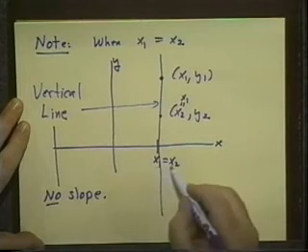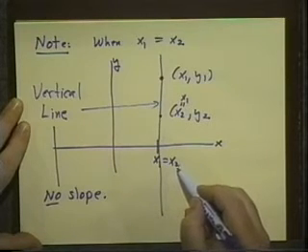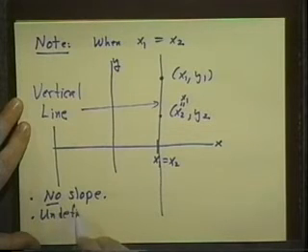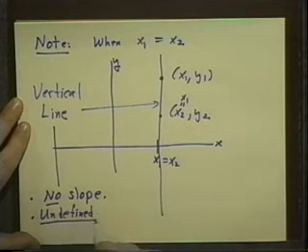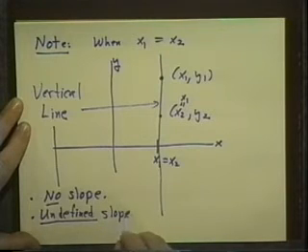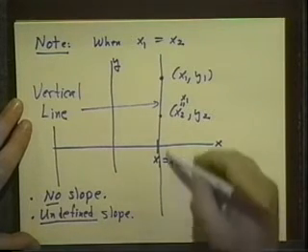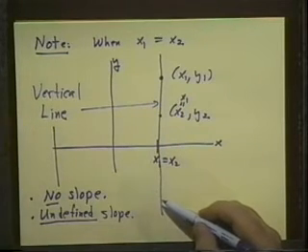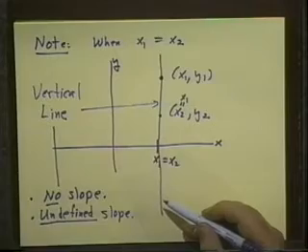Because the slope requires that we have this difference on the bottom, and that's 0. Another way to say that is to say that it has an undefined slope, or rather that the slope is undefined. So no slope is indicated for vertical lines. So they are a separate category of lines. But apart from vertical lines, every other line has a slope.